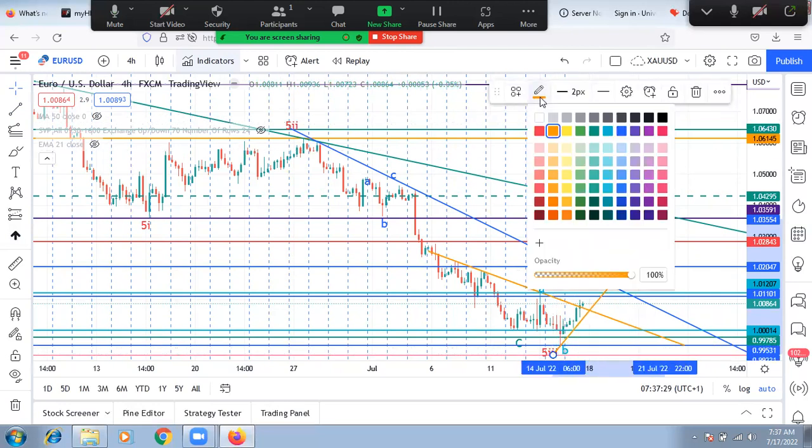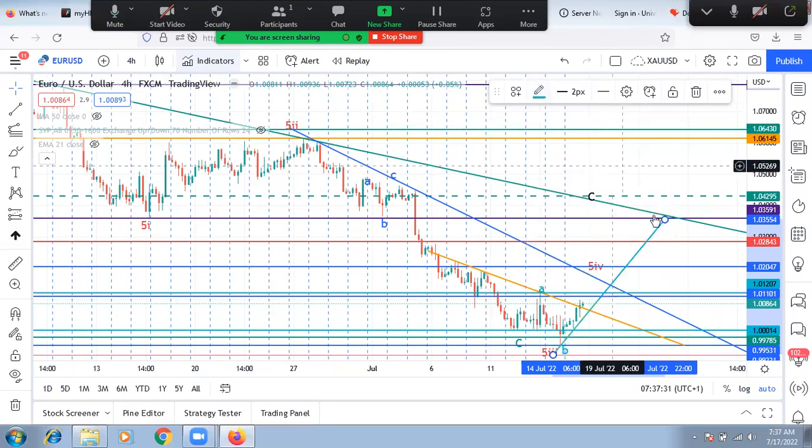So what we are going to do with this now, the best thing you can do is to put an alert on this trend and also an alert on this resistance.